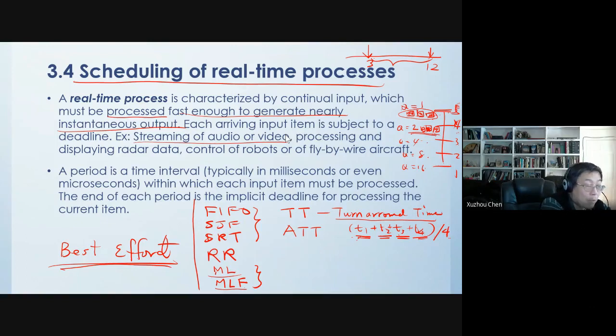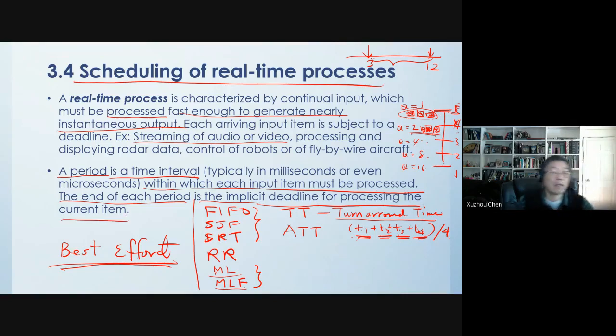In a real-time process, there's a particular thing: a period is a time interval within which each input item must be processed. The end of each period is the implicit deadline for processing the current item.